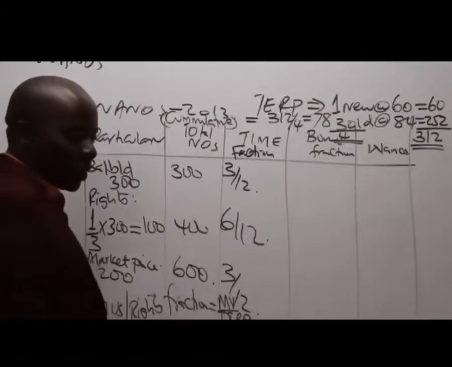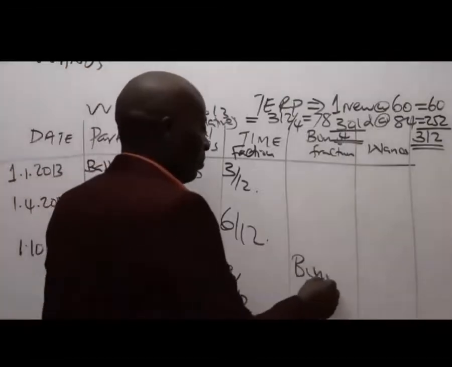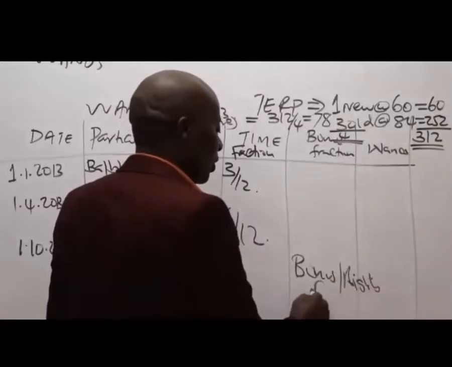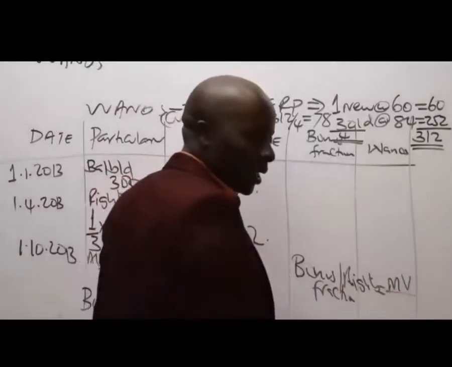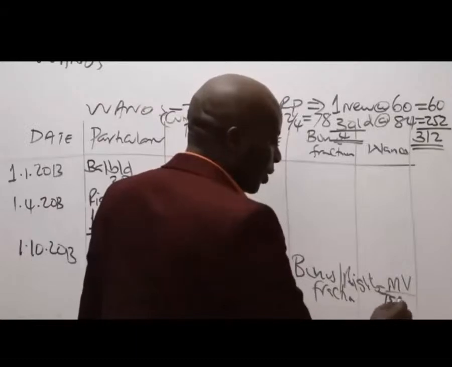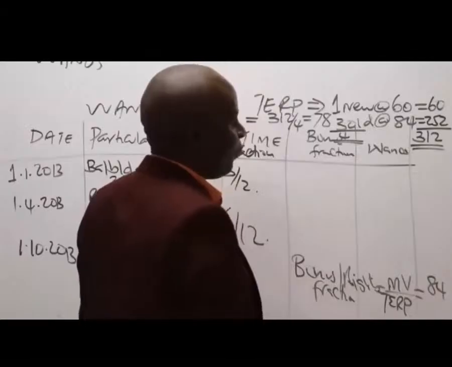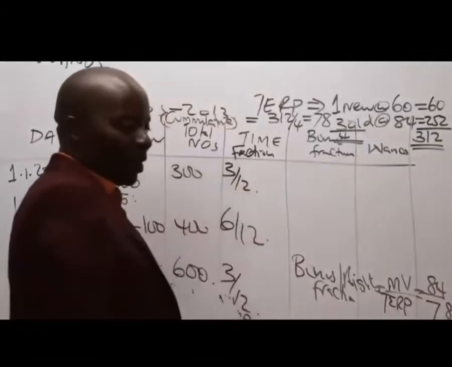It's normally the market value of the old share, the normal value without discounting, all over the theoretical ex-rights price. So the old market value was 84 divided by the TERP, which is 78.